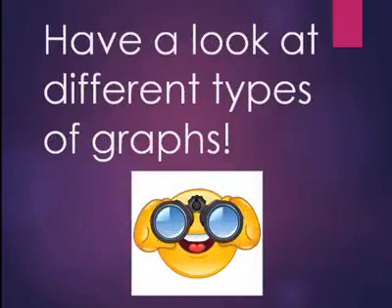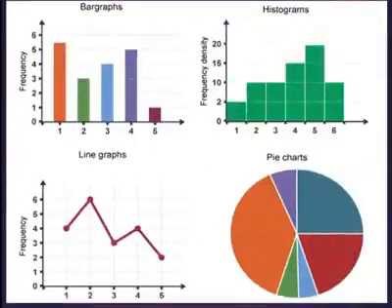Before I start, you need to know what the different types of graphs or charts are. Let's start with bar graphs, which are very common for the HSC students. There are different types of bar graphs, horizontal bar graphs and vertical bar graphs. Then histograms, line graphs and pie charts. You can see four spatial diagrams chosen for you.